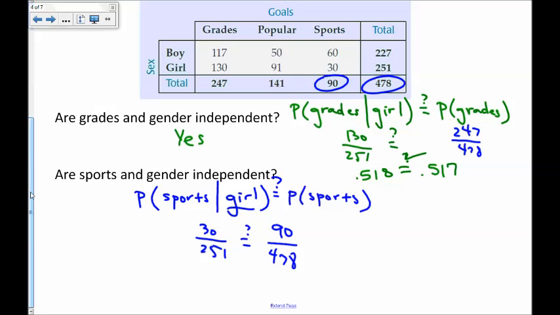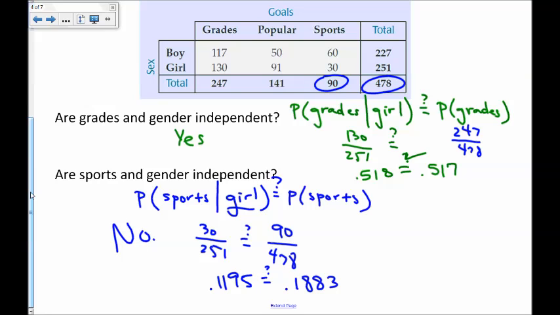Let's divide to see if the decimals are close. 30 divided by 251 is 0.1195. Is that roughly equal to 90 divided by 478, which is 0.1883? Those are not really close together, so I would say no in this case.